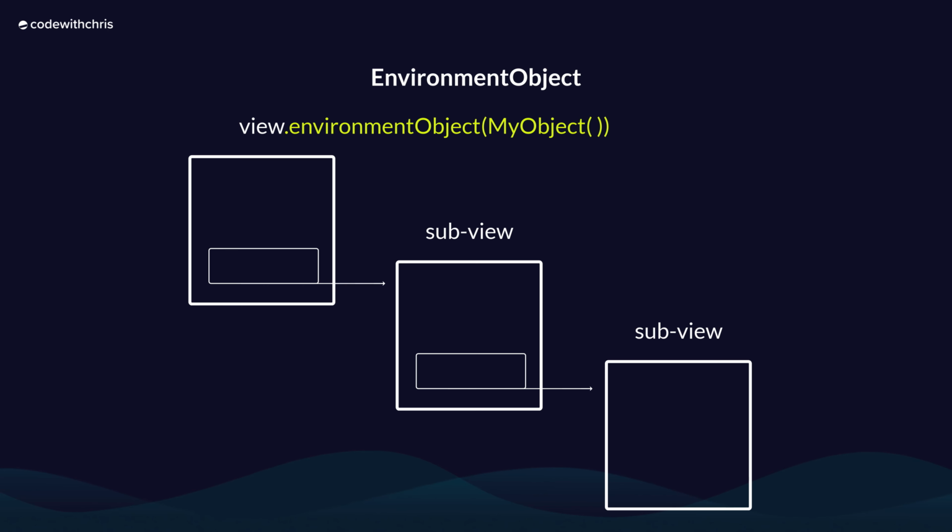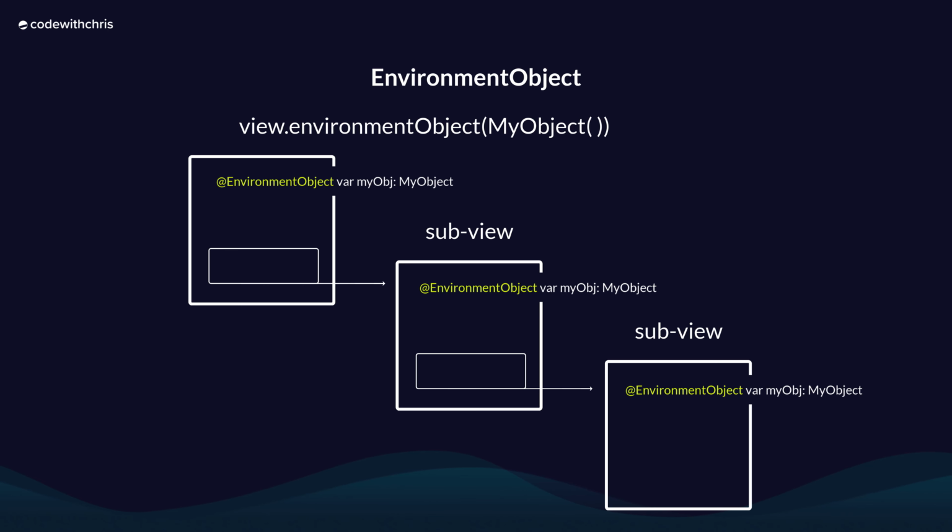That makes that object accessible to the view and all of its subviews in the view hierarchy. Now to access the environment object in any view and its subviews, use the @EnvironmentObject property wrapper, and that property will automatically be filled with a reference to that environment object. Now let's try this out in our Xcode project.